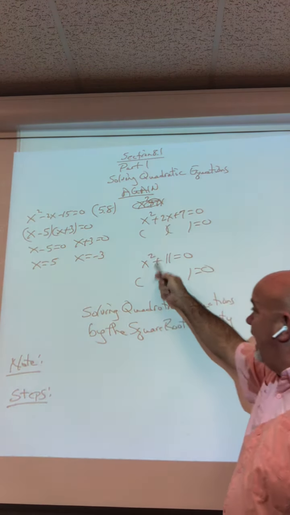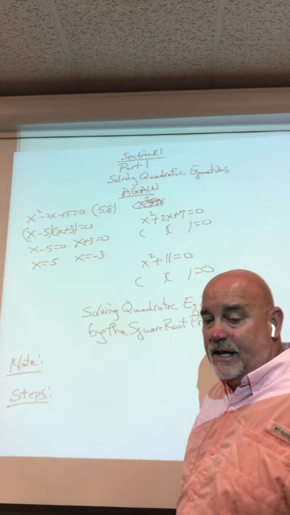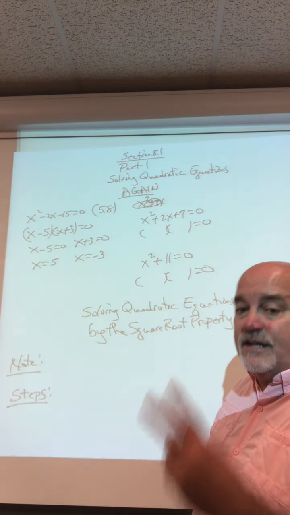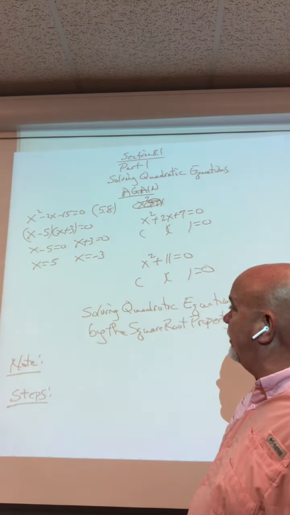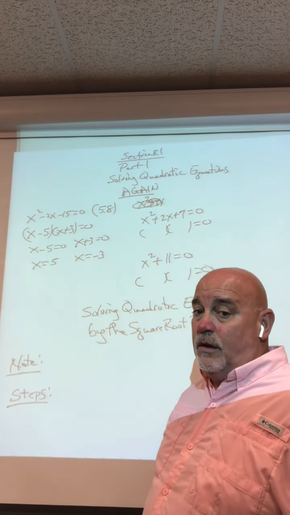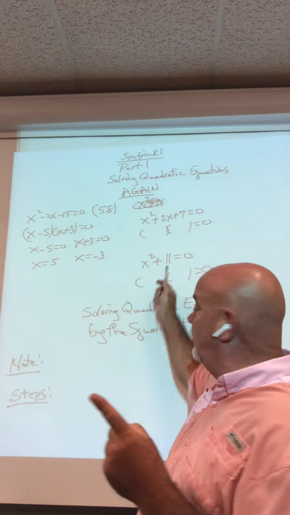Same way with this. X squared plus 11 equals 0. Is this a quadratic equation? Certainly is. Is it a second degree equation? Yes. Does it have 2 answers? Yes. Why can't I solve it by factoring? Because x squared plus 11 is a binomial. And remember how do binomials factor? GCF, there's not one.